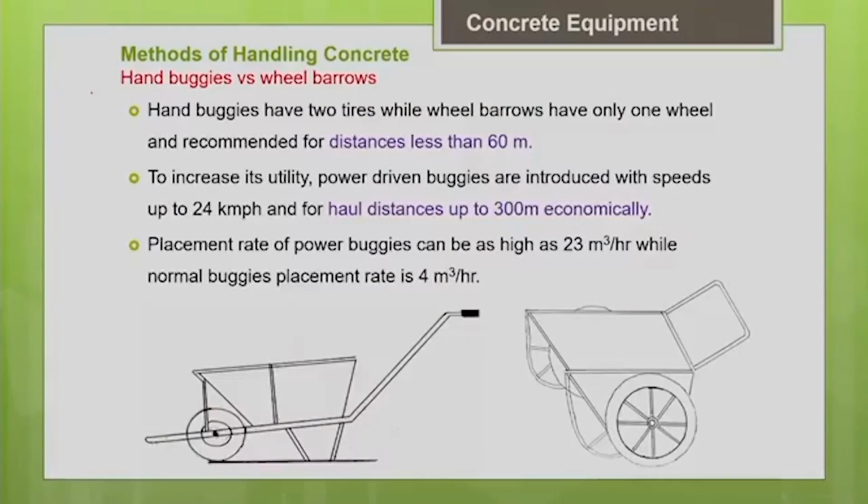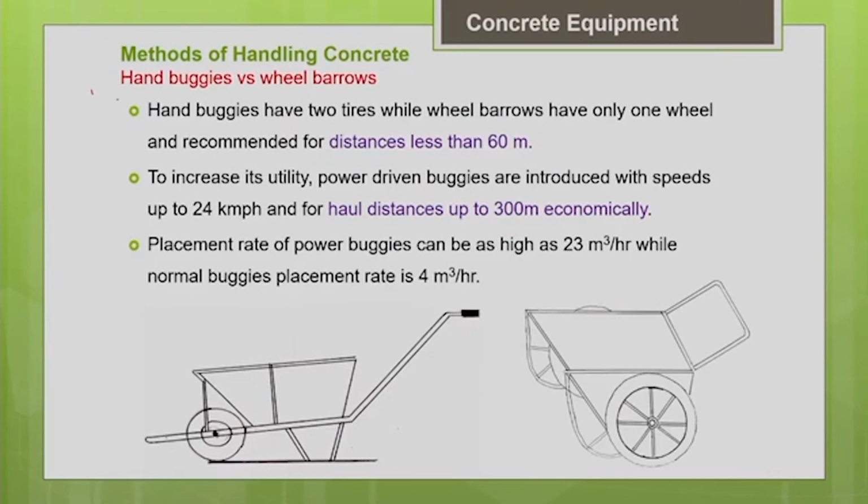Then you have to carry your concrete in a cableway with a concrete bucket, or use a helicopter to carry the concrete bucket. So depending upon the location of your job site, you have to make the choice of the equipment. Let us discuss all these methods one by one.